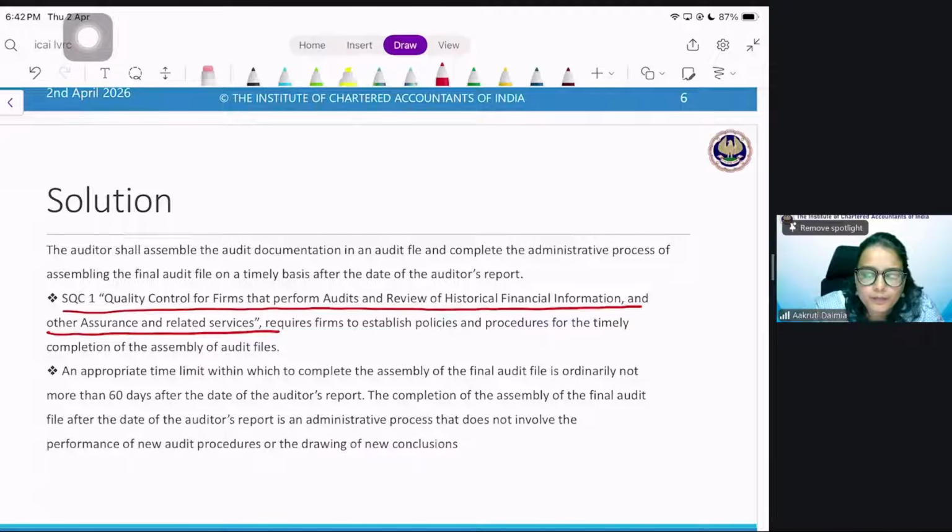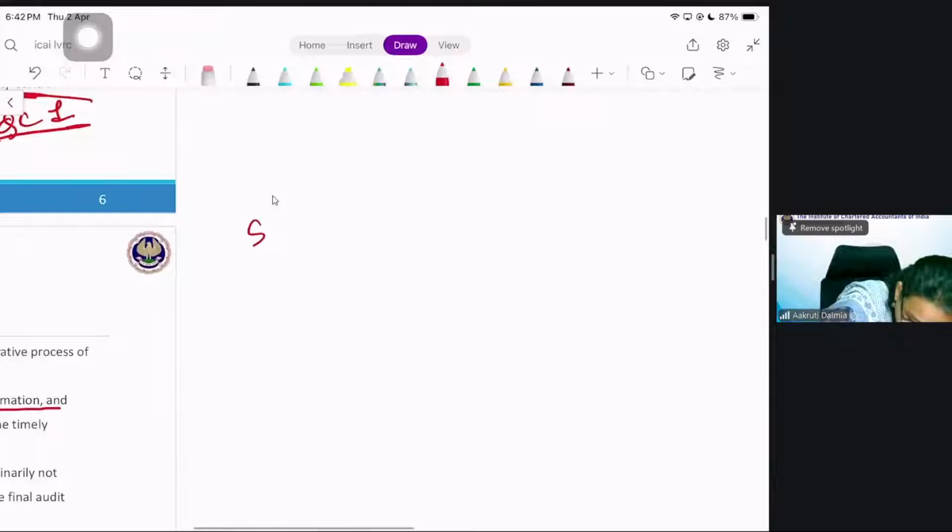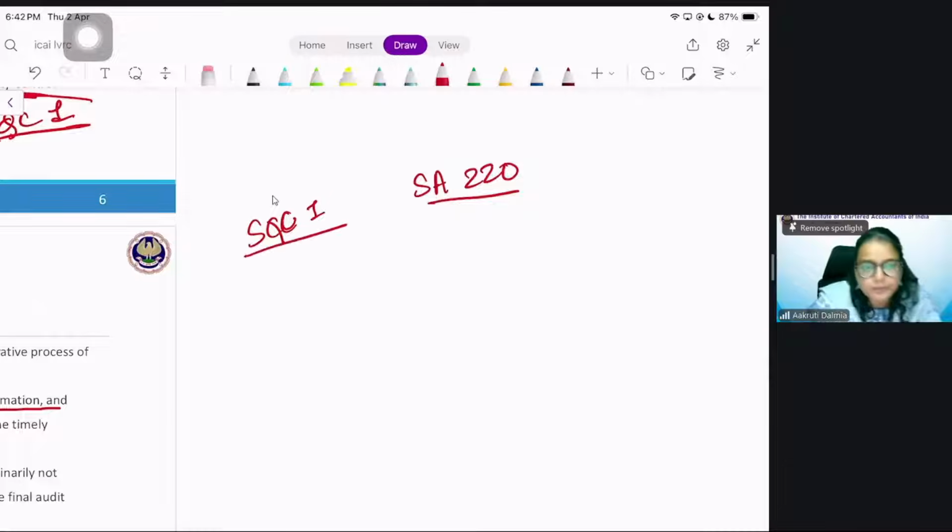Okay. No, not SA 220, Kuldeep. SA 220 is applicable on, let's say, there is a very big difference. Don't get confused between SQC1 and SA 220. I'll tell you the difference, Kuldeep. Pay attention. Can anyone tell what is the difference? Let's see how much you remember.